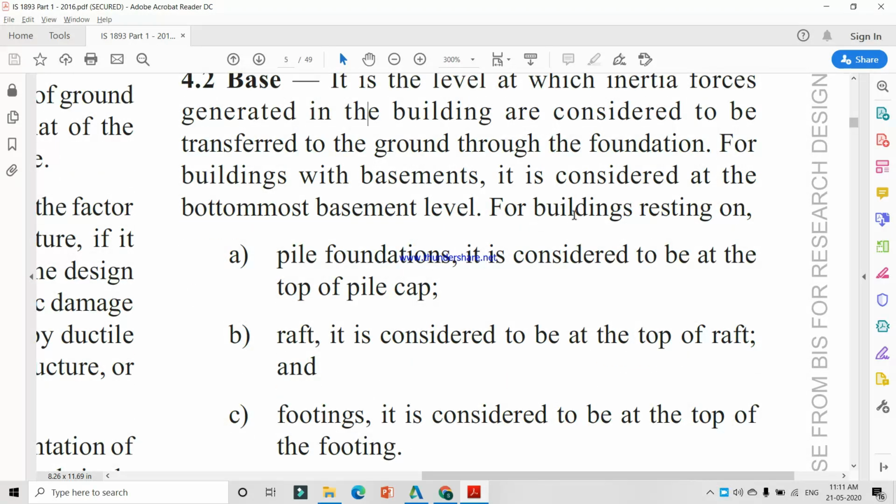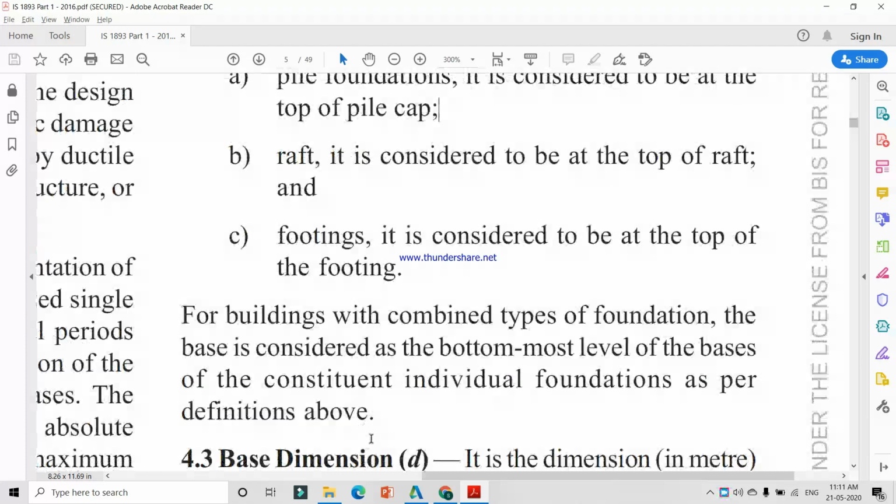Next, for a building resting on pile foundation, the base is considered to be at the top of the pile. If you are considering a raft foundation, it is the top of the raft, and if you are doing footing, it is considered to be the top of the footing level.